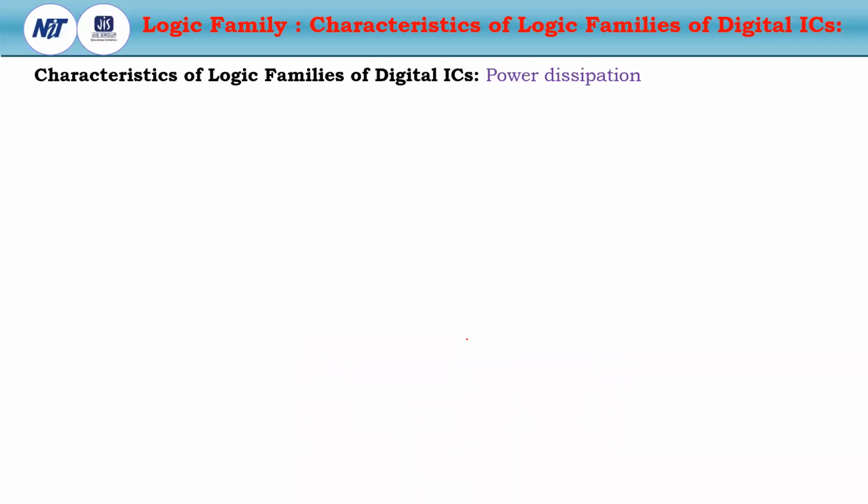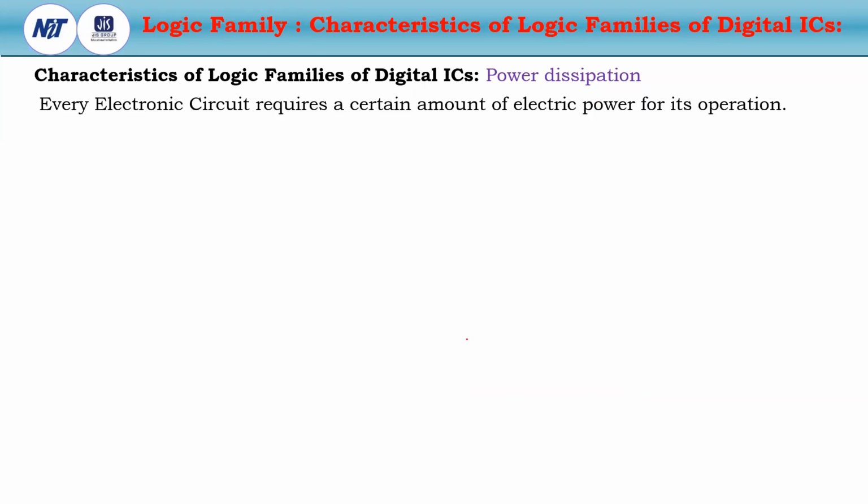Now come to the second parameter, that is called power dissipation. Every electronic circuit requires a certain amount of electric power for its operation. These are the logic level ICs, digital ICs, so for this reason they require a low power supply.